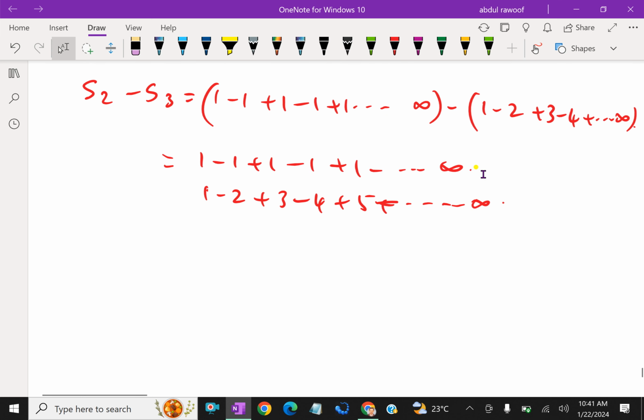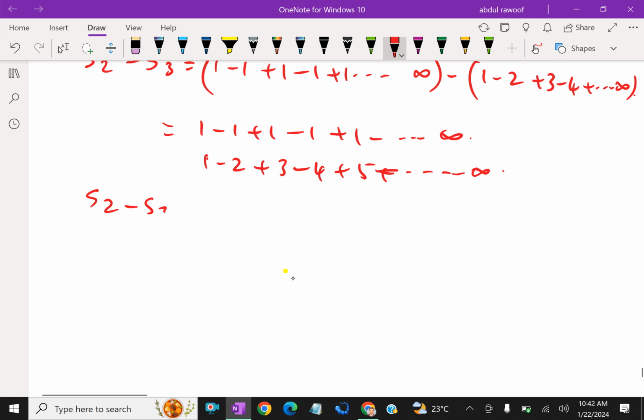Then subtracting, look here: 1 minus 1 is 0, minus 1 minus of minus 2 is 1, 1 minus 3 is minus 2, and it goes on. So S2 minus S3 equals 0 plus 1 minus 2 plus 3 minus 4 plus 5, and so on to infinity.